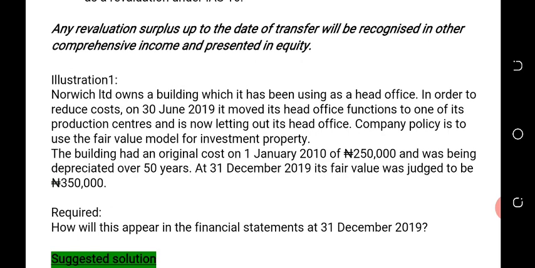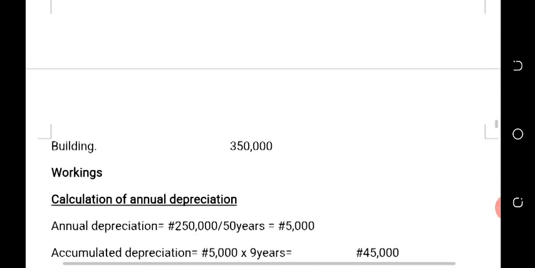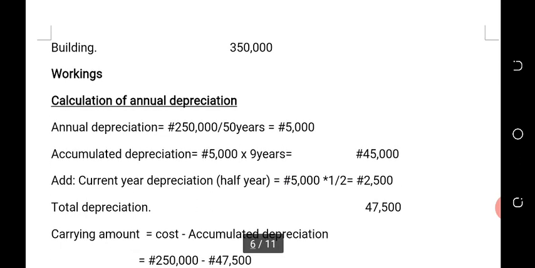So the accumulated depreciation is 5,000 times 9, which is 45,000. The current year, 2019's own, is the half year, from January to 30th of June 2019, which is 6 months.